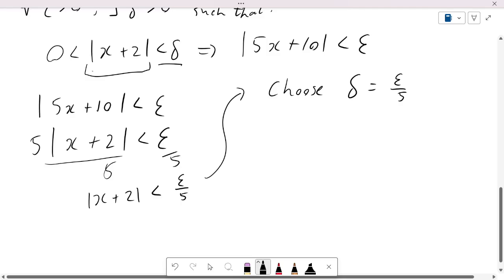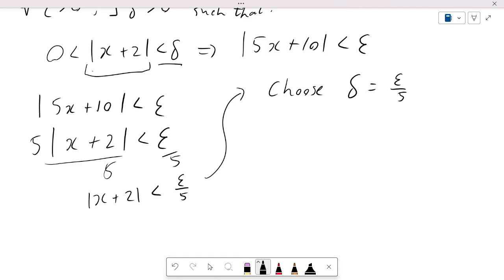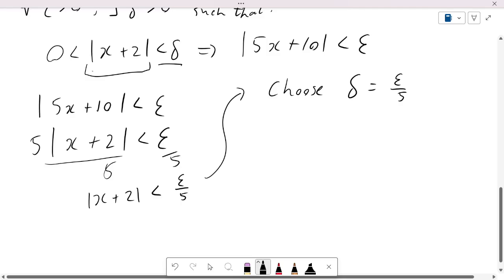So if we manipulate our epsilon from the longer distance and we divide it by 5, we will get this distance to be the same as the other distance, which I have gone through in the graphical example.